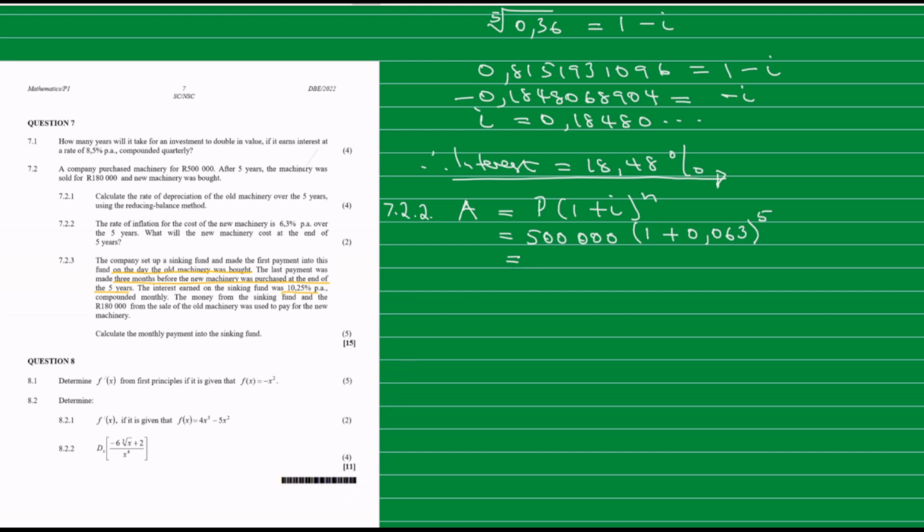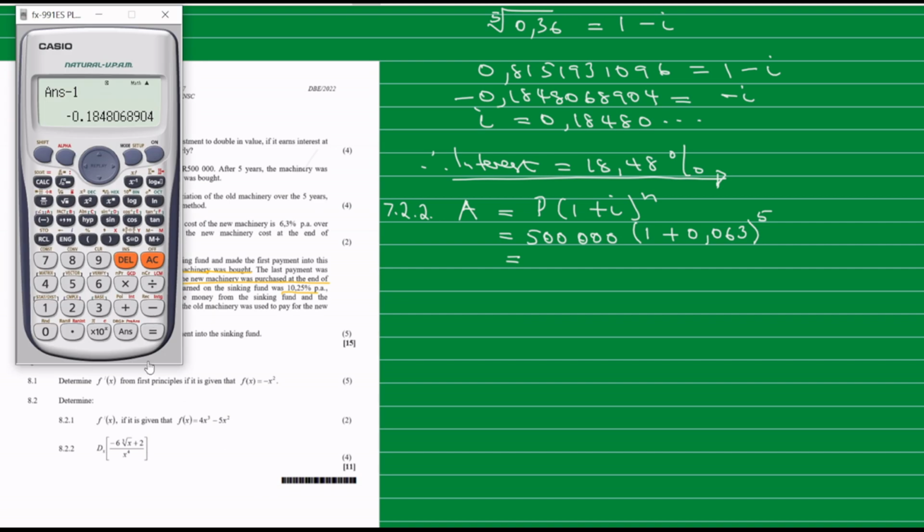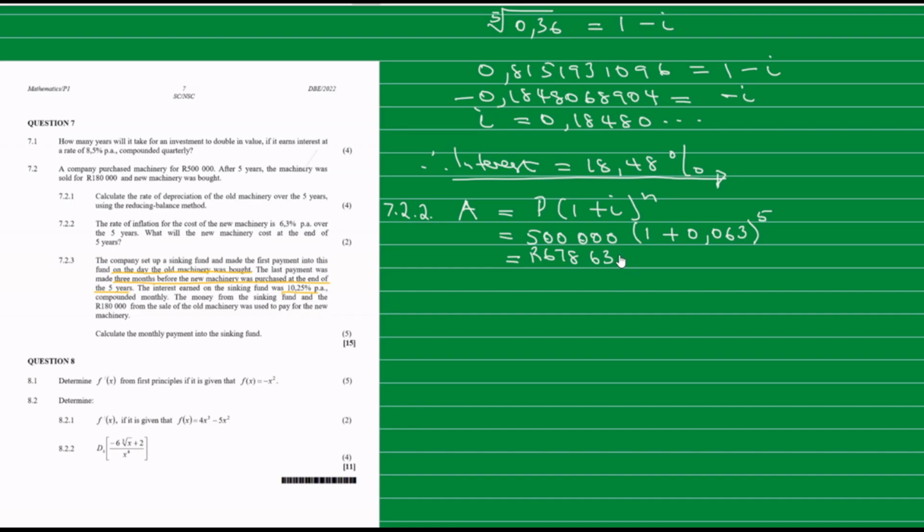Then we evaluate the price, enter the value here. We'll get 678,635 rand and 11 cents. So that will be the cost, which you can write as 678,635 rand 11 cents.